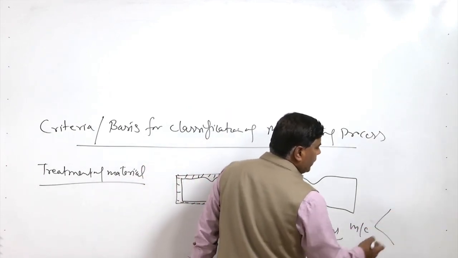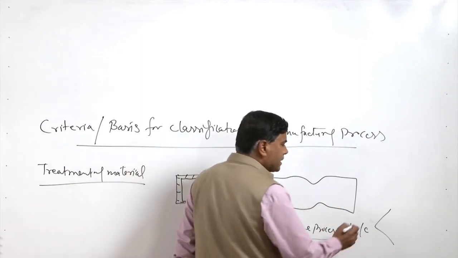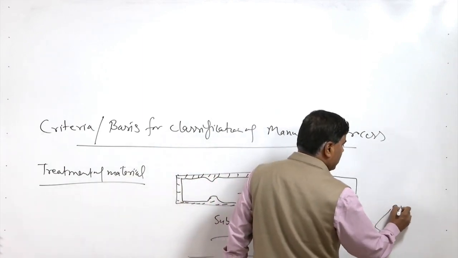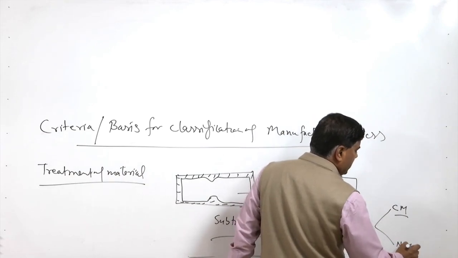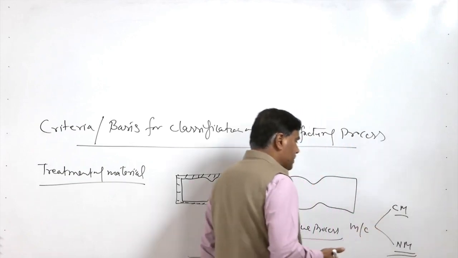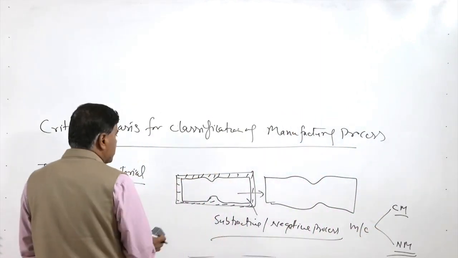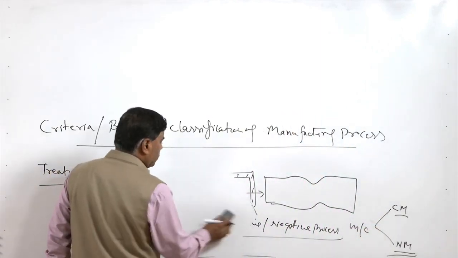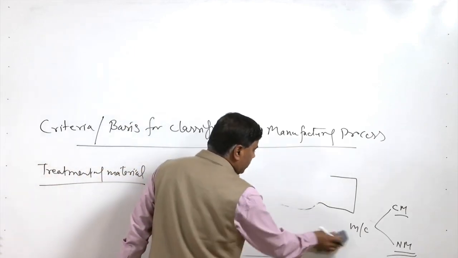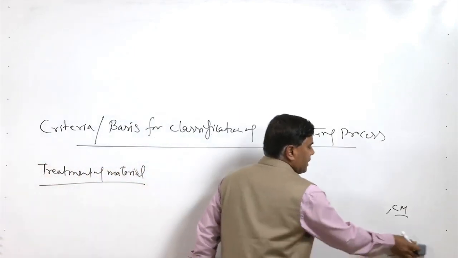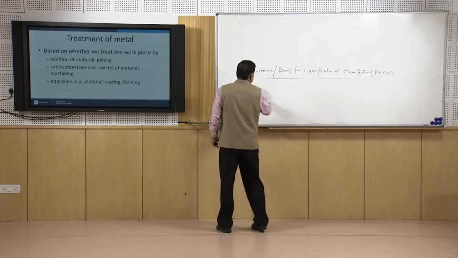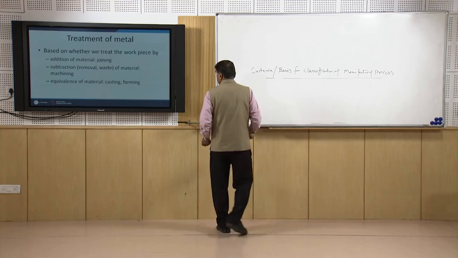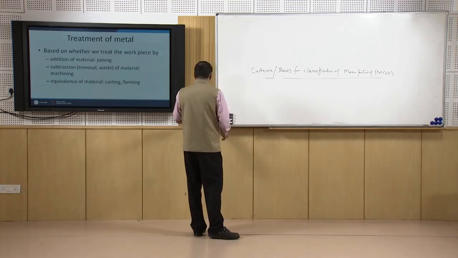In machining again we have two variants, one is conventional machining and another is newer machining, also called unconventional machining. Unconventional machining is used for those materials which are very difficult to machine using the conventional machining methods.